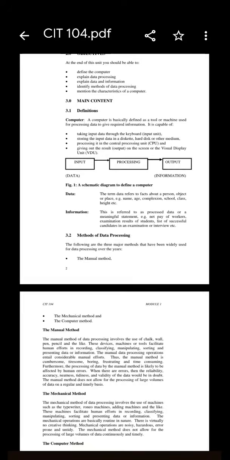So data are just raw facts that have not yet been processed, collected from different people. For example, when doing projects, our seniors used to go to different organizations to collect information. Those doing management science, yes. Even those doing nursing used to go to hospitals or even normal people outside to collect information.